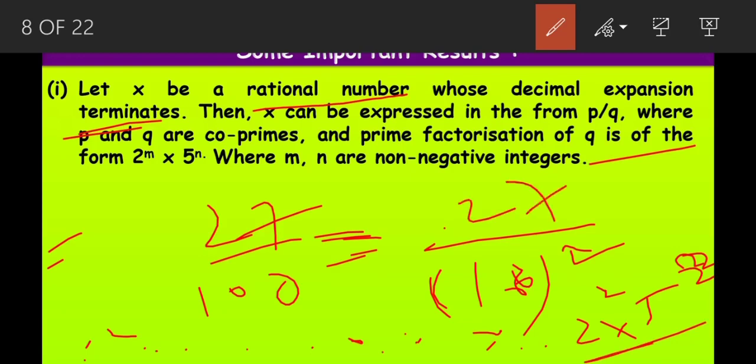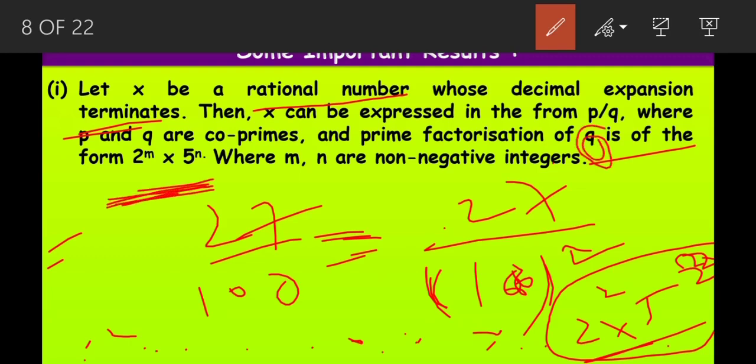So 27 by 100 means 27 by 10 square, which is 27 by 2 square into 5 square, and can be written in the form of 2 power m into 5 power n, the denominator q, where m and n, which are in the powers, are non-negative integers.